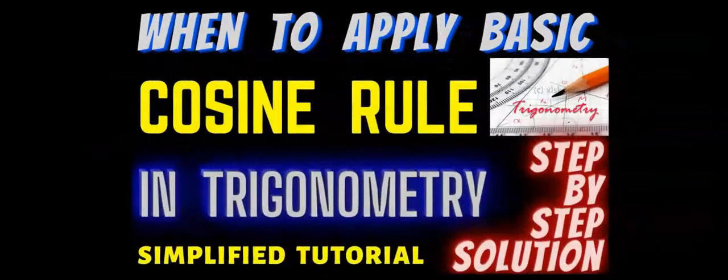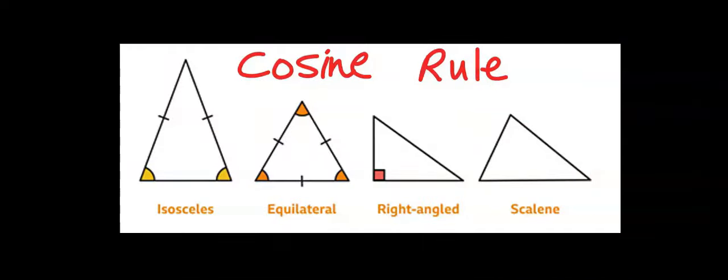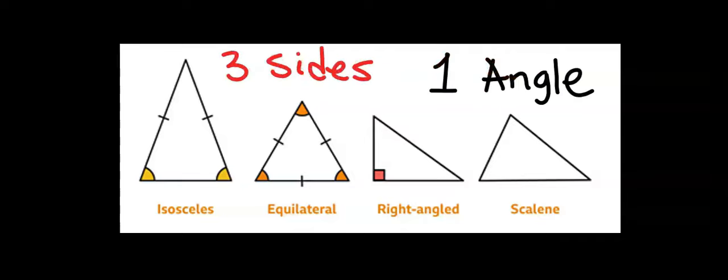When to apply basic cosine rule in trigonometry. We can apply cosine rule to any of the triangles, and very common when it is not a right angled. Most often it involves 3 sides and 1 angle.